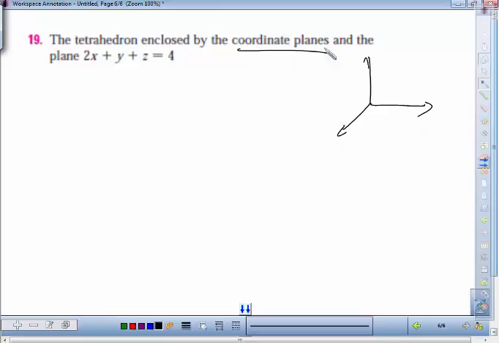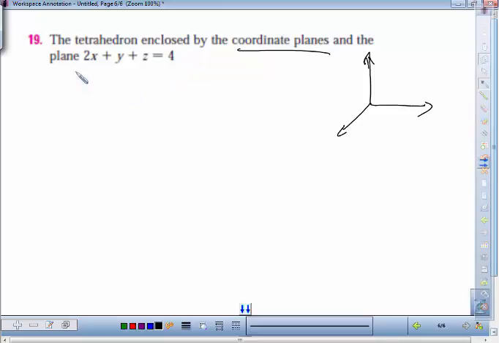When you see a tetrahedron with coordinate planes, you know that 3 of the 4 sides are going to be the xy plane, the yz plane, and the xz plane. So you got the 3 sides already kind of covered here. And so to imagine this 4th side, which is a plane, ax plus by plus cz is equal to d.